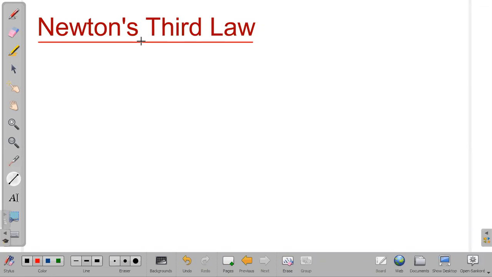When a body exerts force on any other body, the other body also exerts force on the primary one. So in nature, force does not exist alone; definitely force exists in pairs only. That is what Newton's third law explains to us.